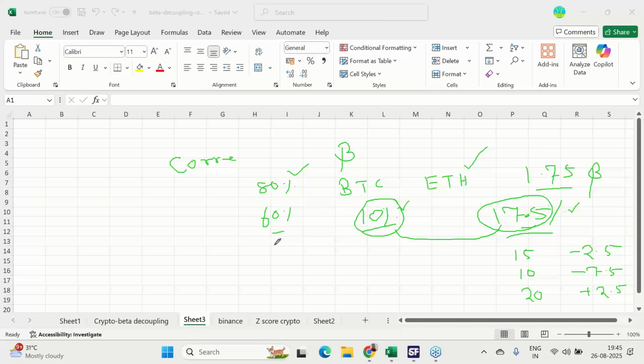If the correlation is 40%, there is a very small chance that ETH is going to follow the same expectation or give the same expected return like BTC. Very little probability, 40% probability.